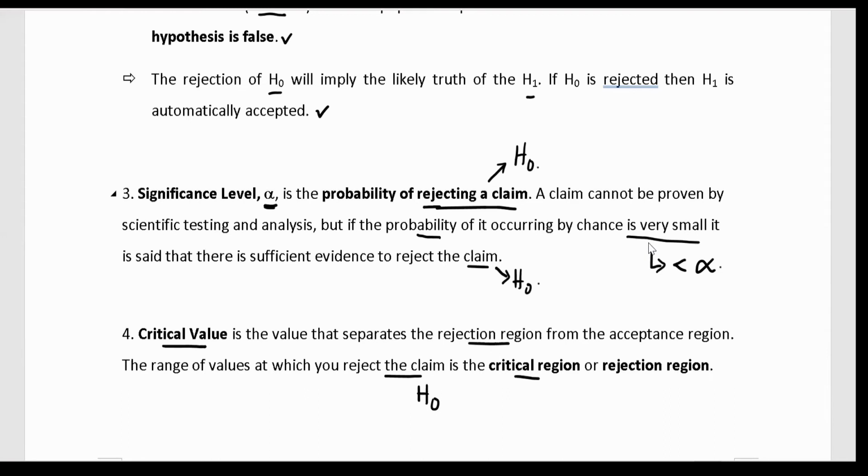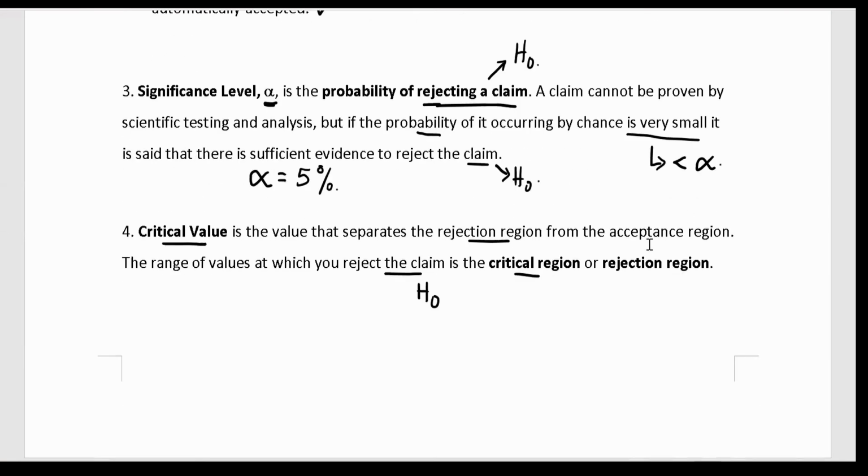Now, let's take an example. Alpha equals 5%. For a normal distribution, let me sketch the bell-shaped curve, which is symmetrical. In the middle is 0.